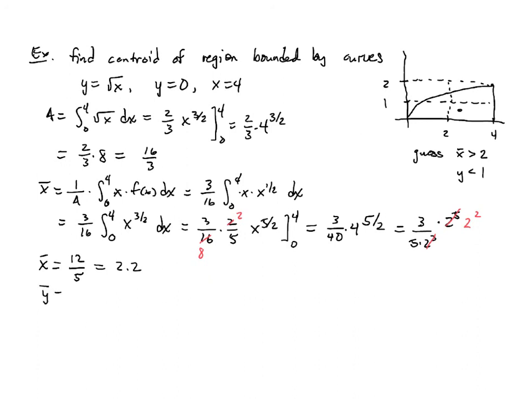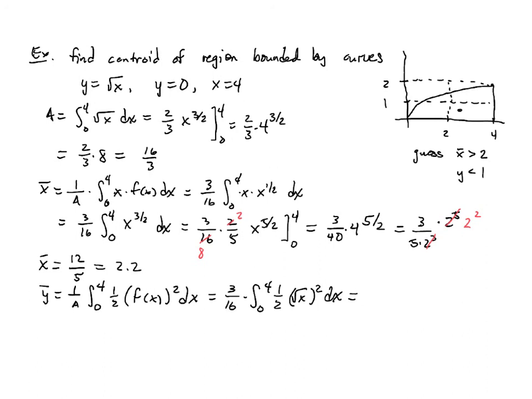Similarly for y bar, we have 1 over A times the integral from 0 to 4 of 1/2 times f of x squared dx. So that's again the reciprocal of the area, 3/16, times the integral from 0 to 4 of 1/2 times the square root of x, squared, dx.